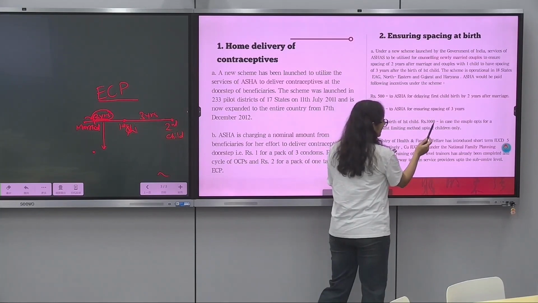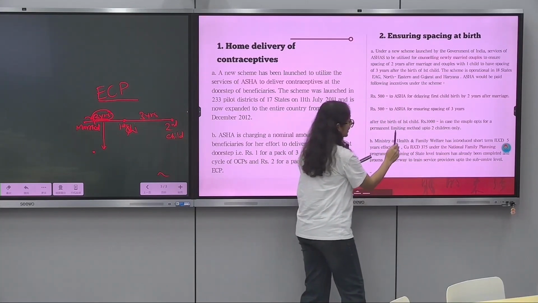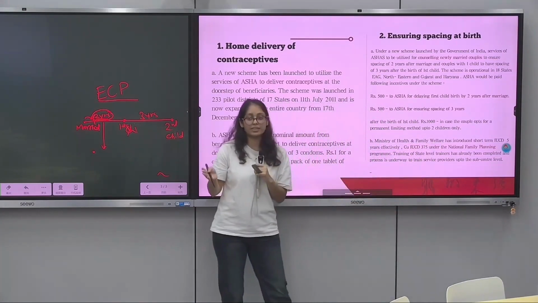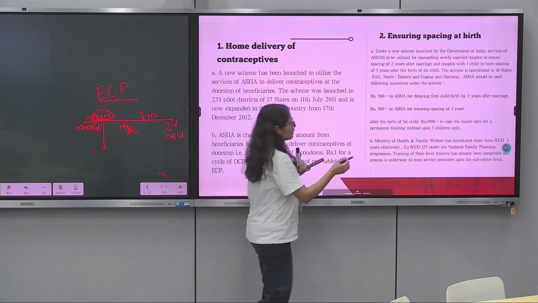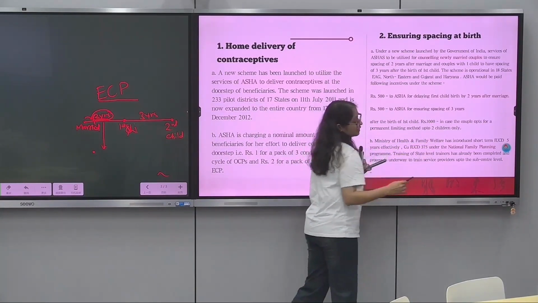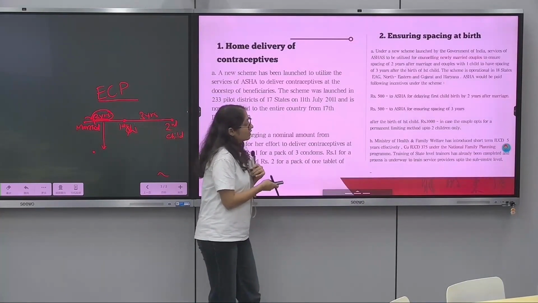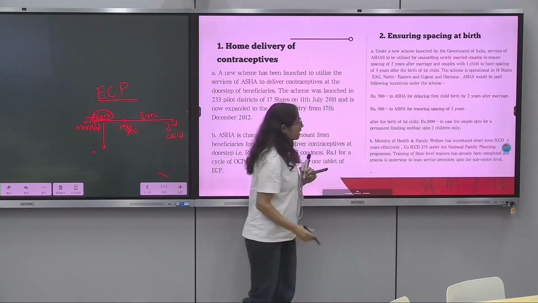They will get 1,000 rupees in case the couple opts for a permanent limiting method after up to 2 children only, because our country wants 2 children, not more than that. So if the ASHA worker ensures this in her area, she will be given 1,000 rupees.